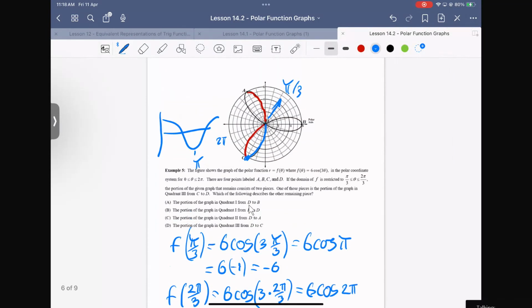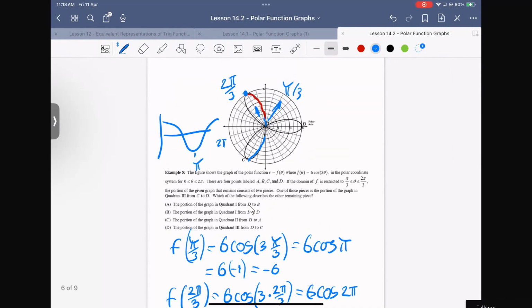So 2 pi over 3 points in that direction. So we're going to be there. So the first half of the graph is from pi over 3 to pi over 2, the blue bit. And then the second part of the graph is going to be from pi over 2 to, sorry, 2 pi over 3 here.